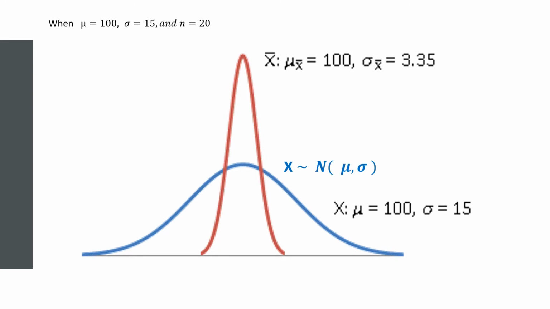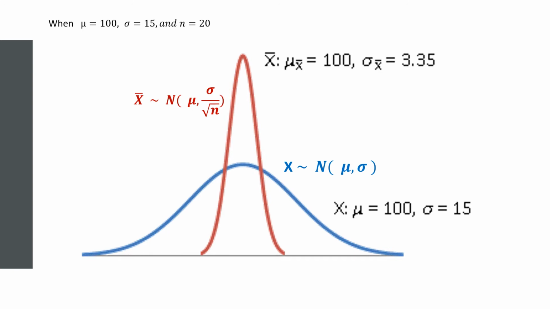But if x is normal with mean mu standard deviation sigma, like in that example 13.3 what we did, your x bar will follow a normal distribution with the same mean mu standard deviation, not sigma, but this will be sigma by square root of n.